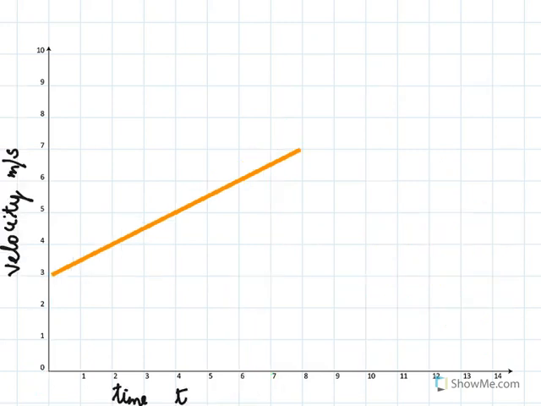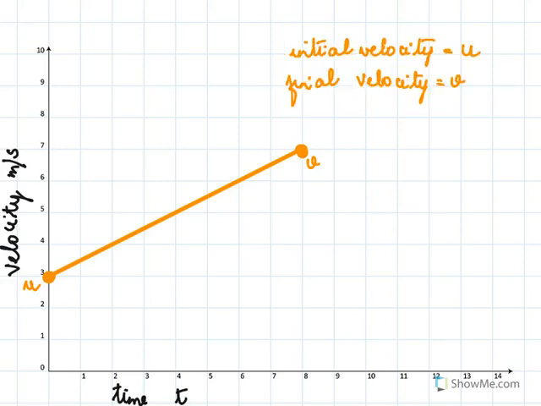So here again is a velocity time graph of a moving object. It has an initial velocity, say u, and then the velocity increases to a point v. So here u is the initial velocity and v is the final velocity. Let's mark the points.